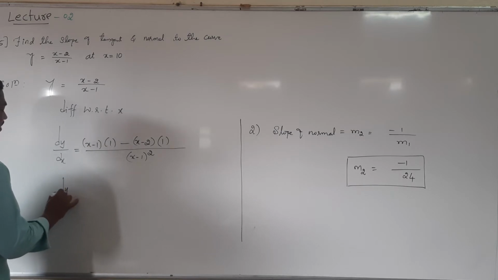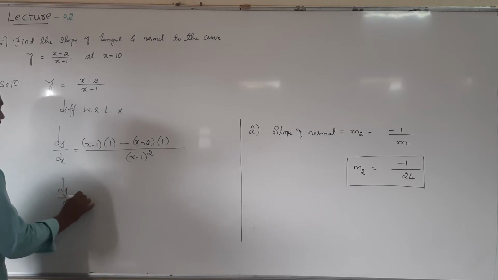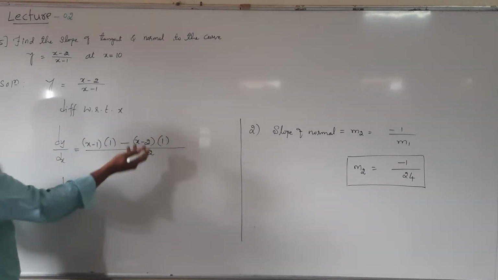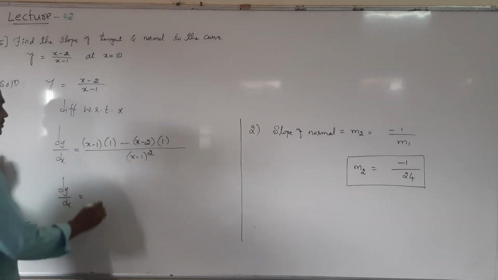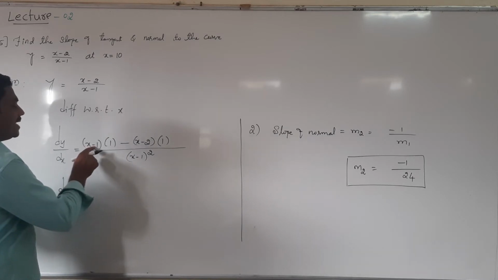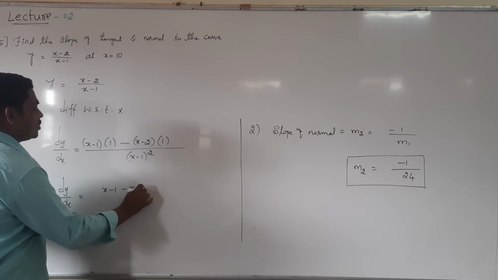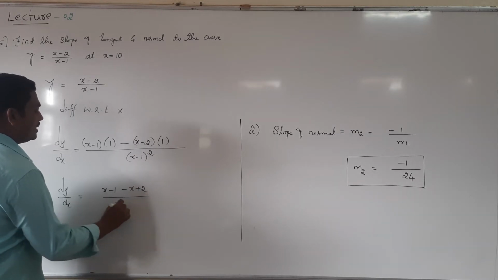What is the simplified form of dy by dx here? Dy by dx equals x minus 1 minus x plus 2, whole thing divided by x minus 1 whole square.